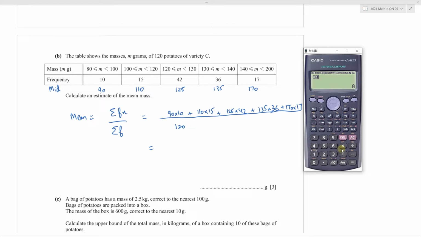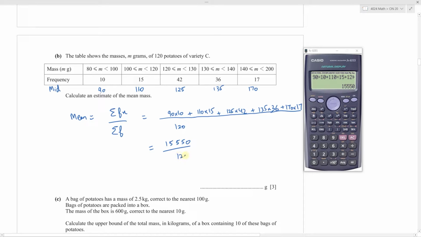So 90 into 10 plus 110 into 15 plus 125 into 42 plus 135 into 36, plus 170 into 17.